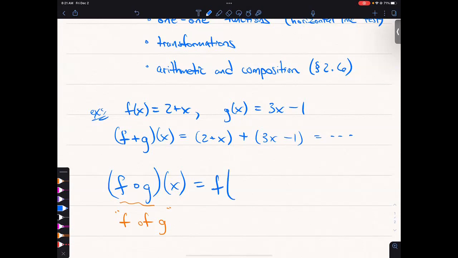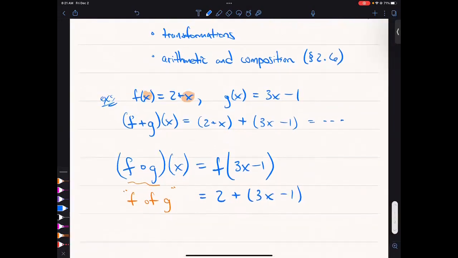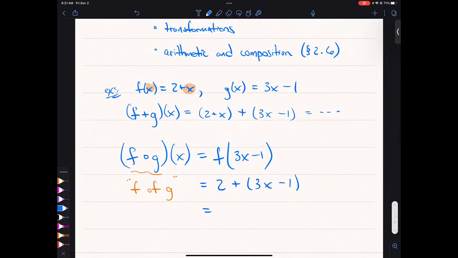So this would be f of 3x minus 1. And f says take a thing and do 2 plus that thing. So this would be 2 plus 3x minus 1. And then if there's stuff to simplify, you simplify it. So that's how composition works.